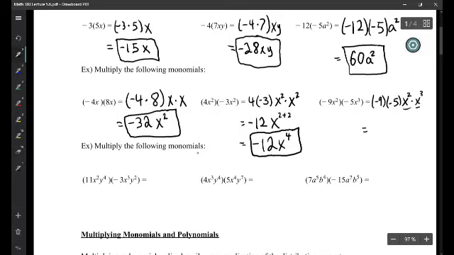So first we multiply the numbers and get positive 45. Negative 9 times negative 5, positive 45. And then the base is x, and we add exponents. 2 plus 3. So we have 45 x to the 5th.